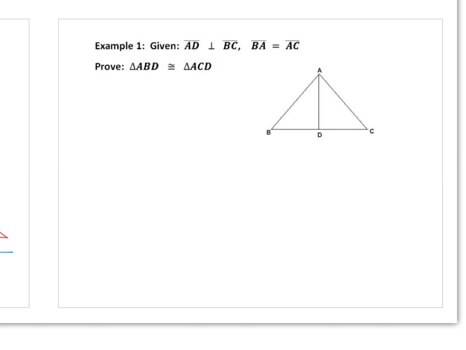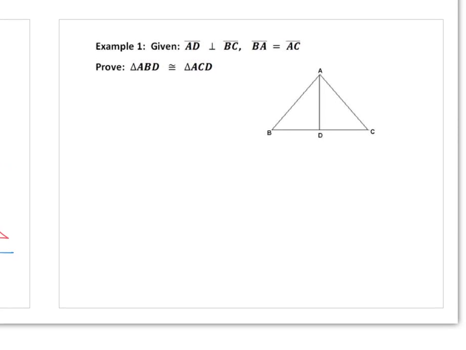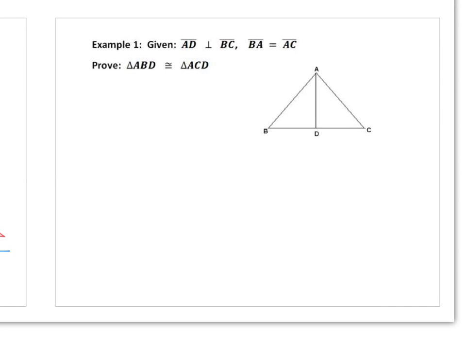So take a look at this proof. I wonder if you're saying to yourself, well, nothing really looks different. Whenever we're given anything with right angles, take a look. This says perpendicular. Won't I know that there's going to be a right angle somewhere? So you're going to have to plan ahead on these proofs.